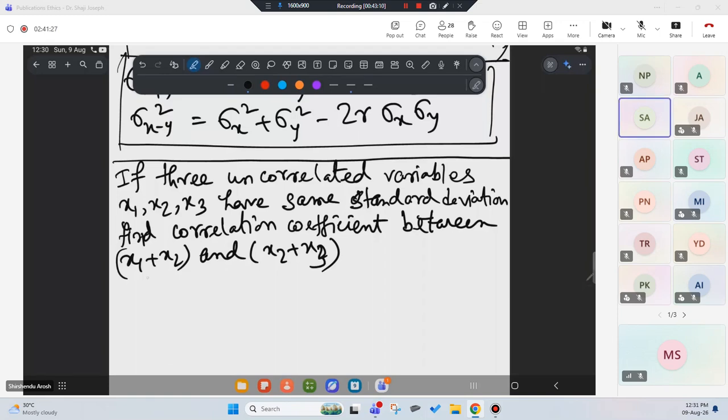So those two variables, as we have defined previously, z1, z2.